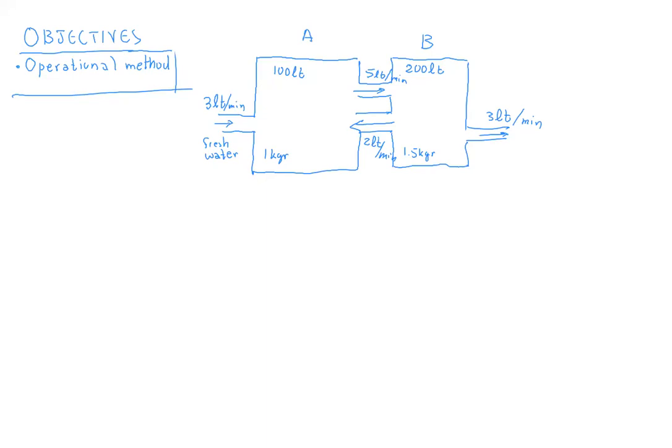Okay, so far so good. Does everybody understand the problem? And of course, here we said x of t is the amount. When I say amount, I really mean mass of salt in tank A. And y of t is the amount of salt in tank B. And what we would like to find is x of t and y of t.